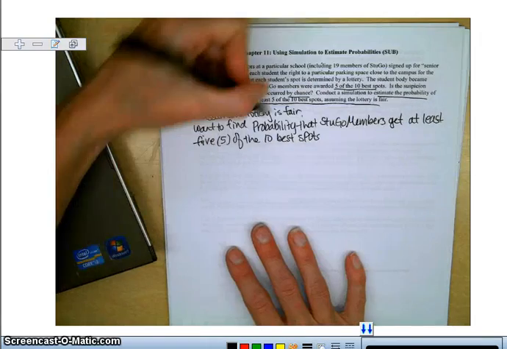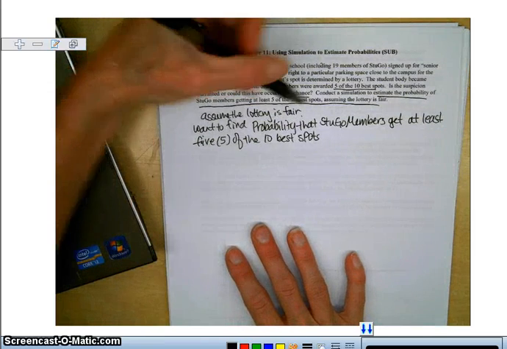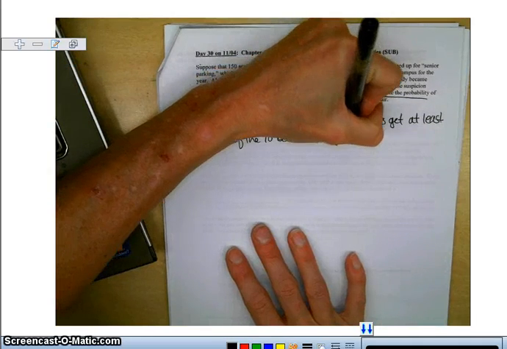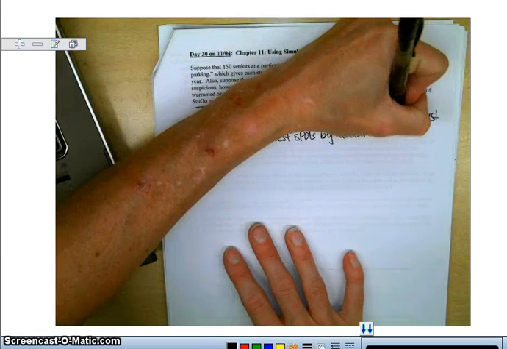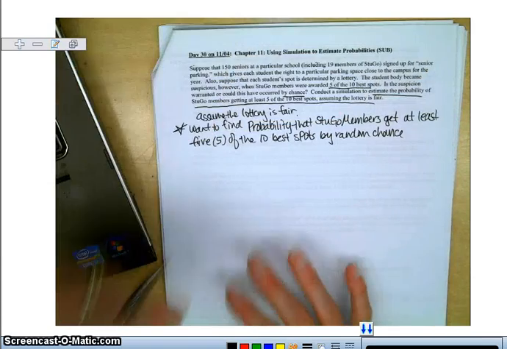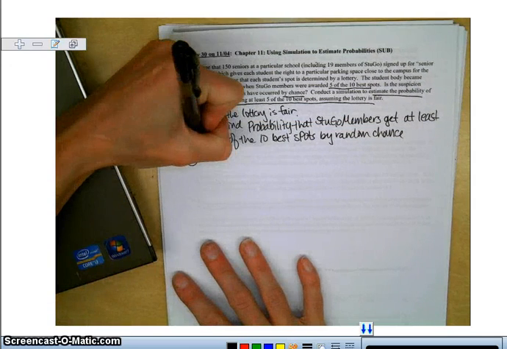You want to find the probability that STUGO members get at least 5 of the 10 best spots by random chance. So that's what we want to find. We're assuming the lottery is fair. So step 1, component to be repeated.